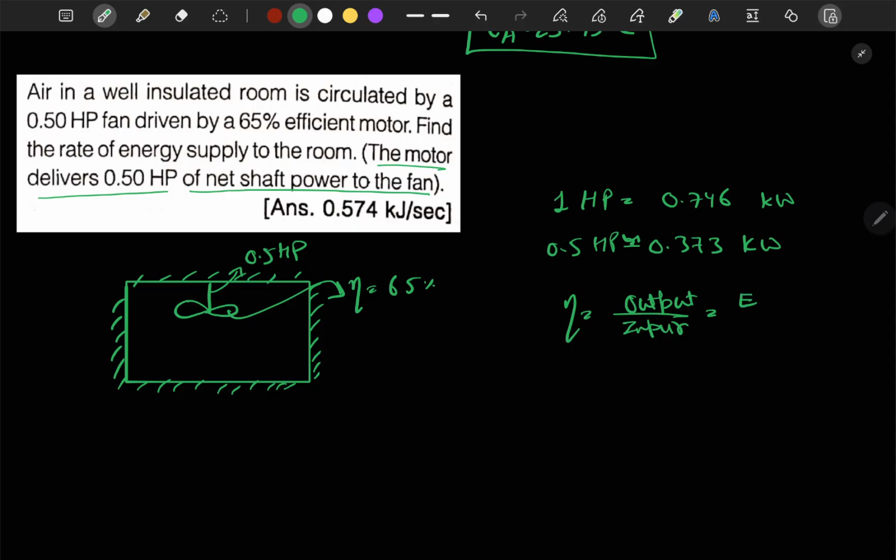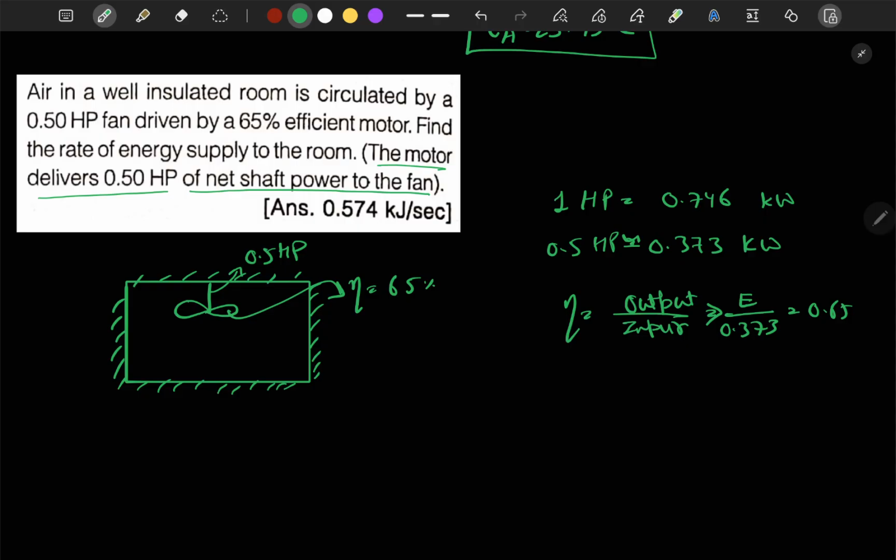Let's say E is the energy supplied, and the power input is 0.5 HP, or if you want to use kilowatts, 0.373, and the efficiency is 0.65. So we can multiply 0.373 with 0.65.